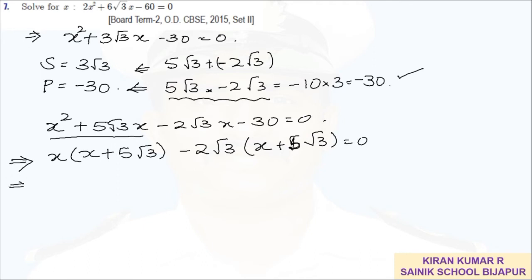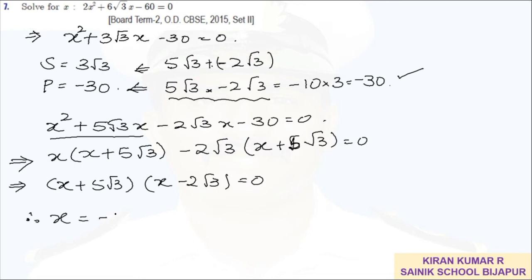Now in the next step, x plus 5 root 3 is common. You'll be left with x minus 2 root 3 equal to 0. Therefore, the values of x are minus 5 root 3 or positive 2 root 3. These are the roots. So this step to guess the numbers is very crucial.